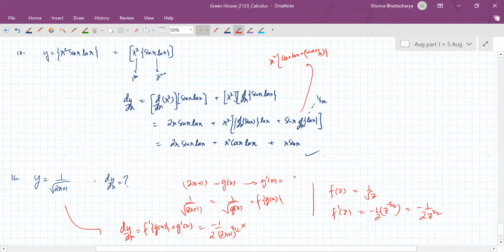Now g prime x is very easy, it's directly 2. So it becomes minus 1 upon 2x plus 1 to the power 3 by 2. Okay, so this is probably the shortest way in which you can do the question without doing the full substitution and all that.